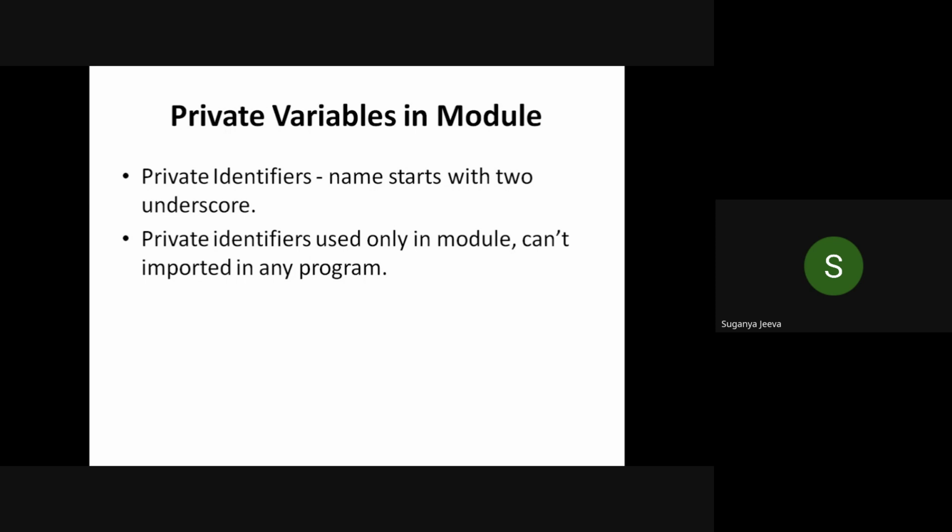They will be used only within that particular module alone. So the programmer can't import or use that particular variable from their program. Only the public variables available can be used. Private ones can't be imported in any program. So this privilege will be available in our module.